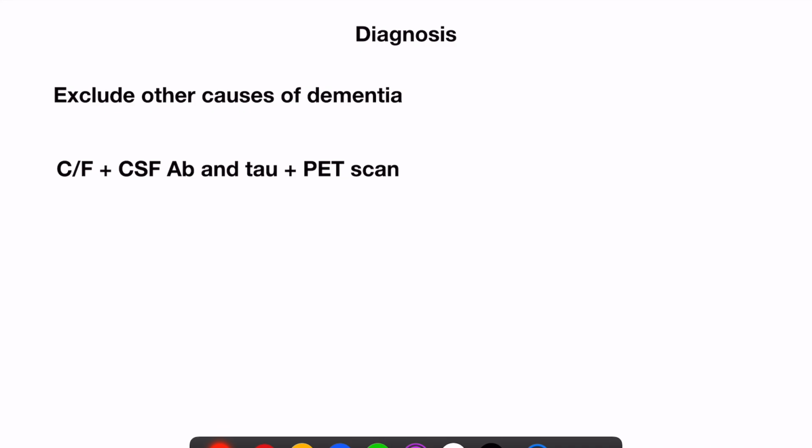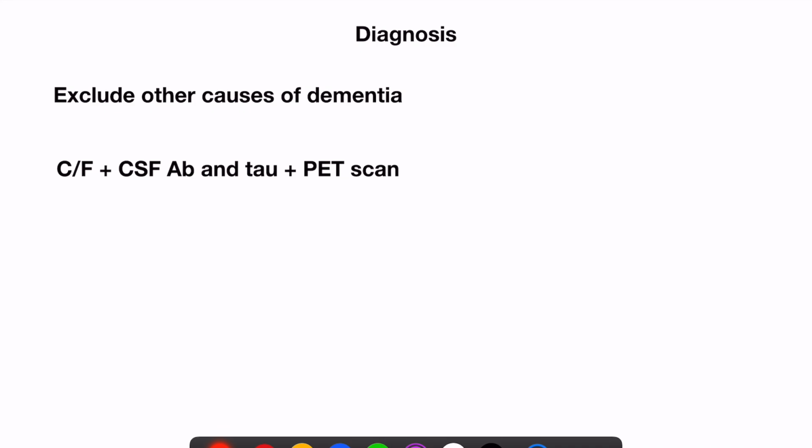Diagnosis, the definitive diagnosis is only made by pathological examination of the brain tissue. But these days, with the advent of modern radiological methods and with the use of certain biomarkers, in 80 to 90% of the cases, correct diagnosis is made, which is finally confirmed by autopsy at death.